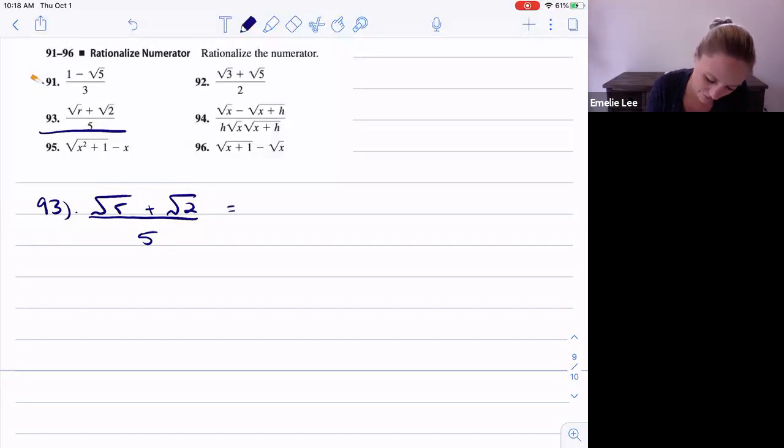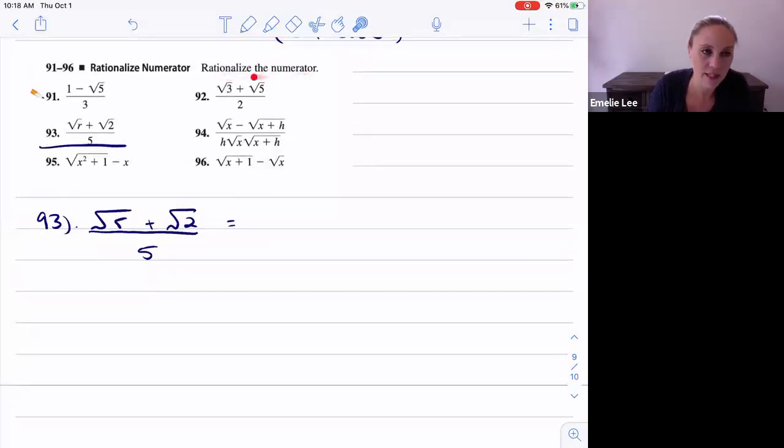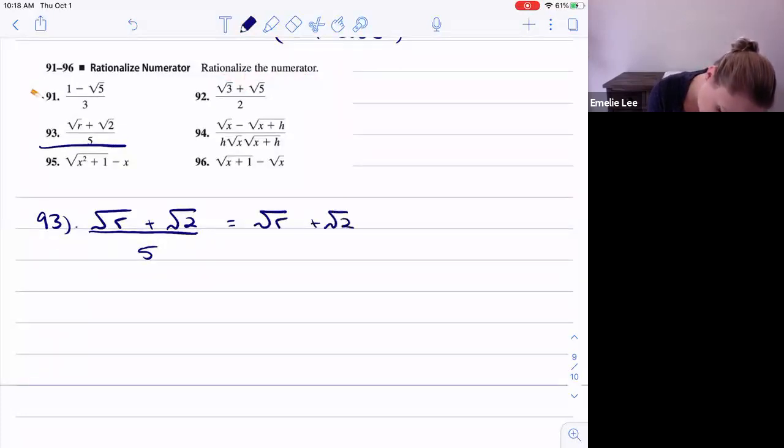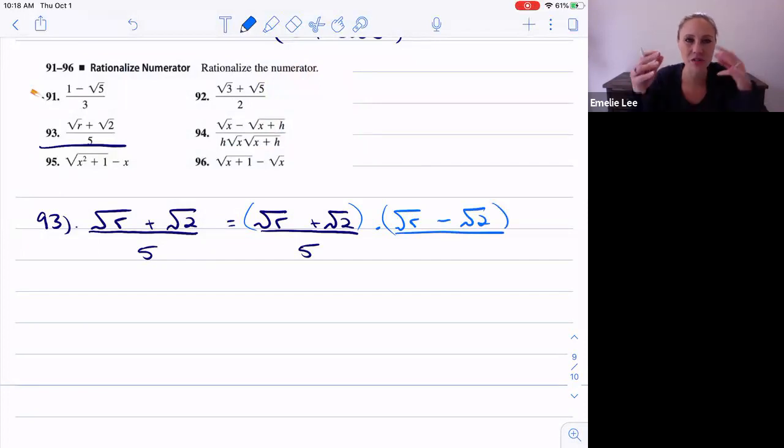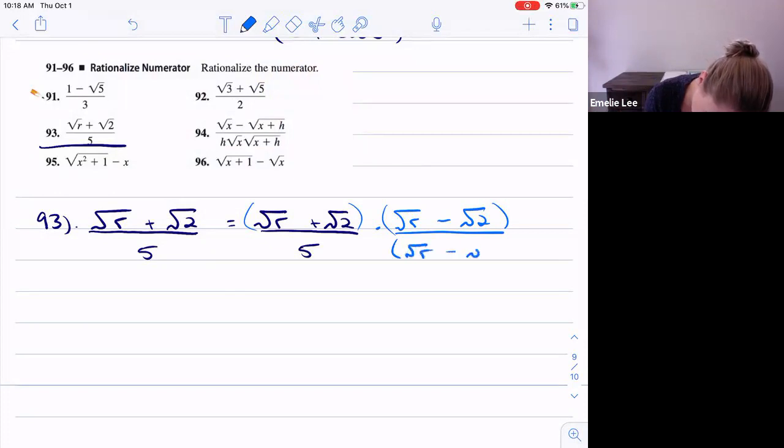That's the whole goal, because we're trying to rationalize the numerator now instead of the denominator. Root r plus root 2 over 5 times, I'm going to put brackets around here, root r minus root 2, and hopefully things will just kind of shake out when I expand this, over root r minus root 2.